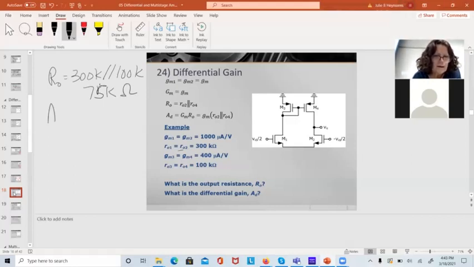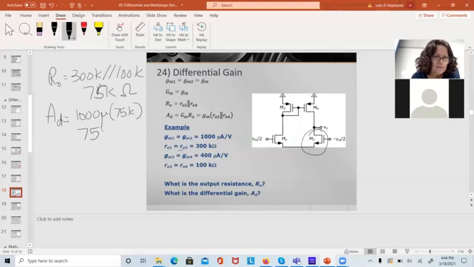And my differential gain is GM. Which transistor do I use the GM for? Either M1 or M2. They better be matched, or we've just shot our common mode rejection ratio. It's 1,000 micro times 75K, and that comes out to be 75 volts per volt.